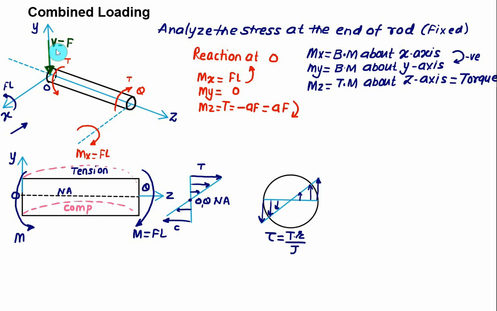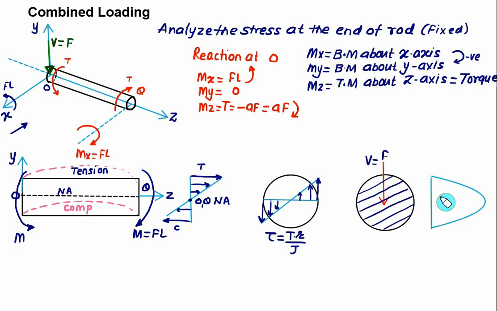And one shear force you have to show, which is acting on the circular section. So this one is representing the circular section where we have a transverse shear acting. This one is representing the transverse shear V equal to F. So the shear stress distribution will have its maximum value at the neutral axis, and then the shear stress will go on decreasing.